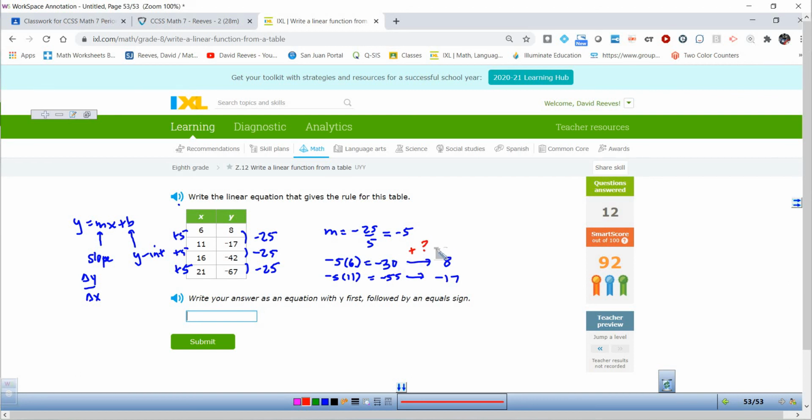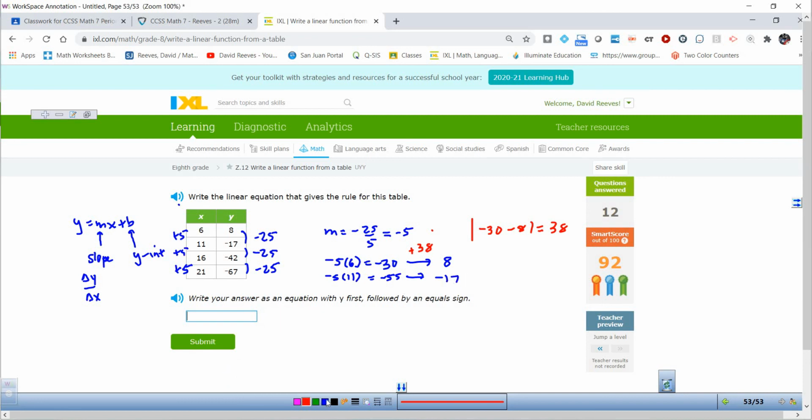Well, how far is it from negative 30 to 8? Well, if I do negative 30 minus 8 and I take the absolute value, that's a difference of 38, right? So if I add 38, it works, doesn't it? Negative 55 plus 38 is negative 17.